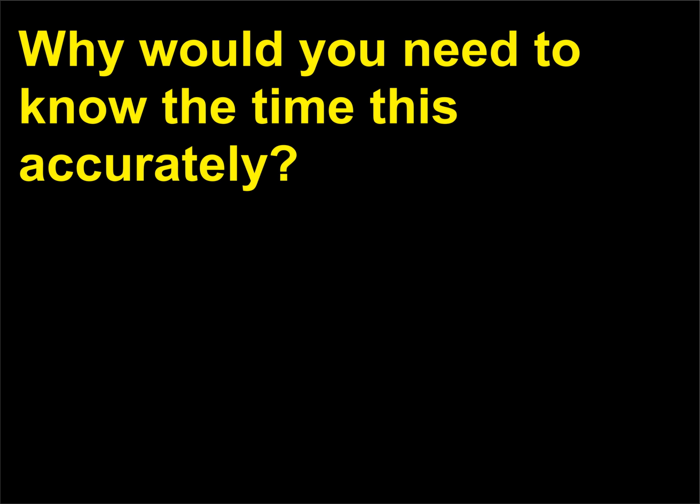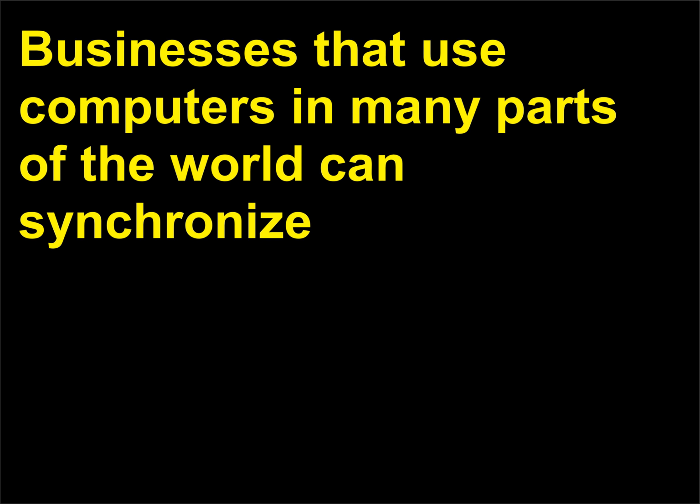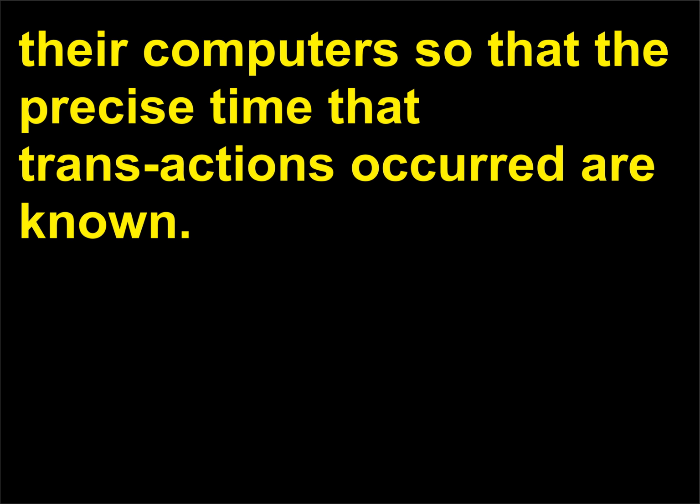Why would you need to know the time this accurately? Businesses that use computers in many parts of the world can synchronize their computers so that the precise time that transactions occurred are known.